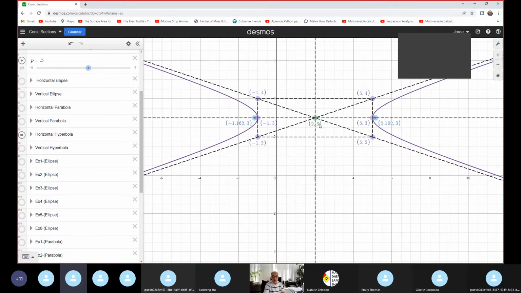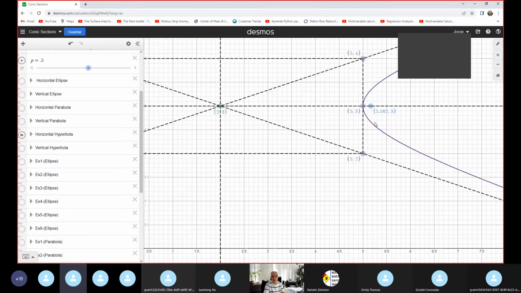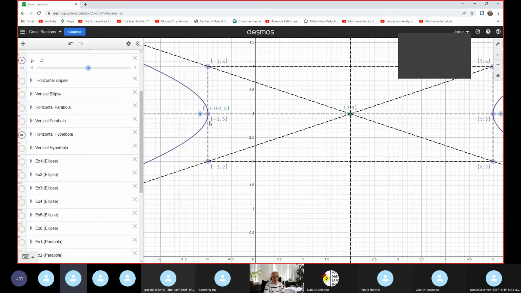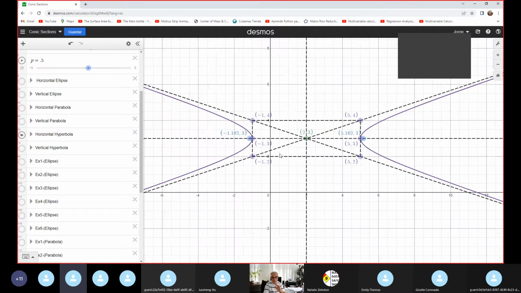We have center (2,3), vertices (5,3) and (-1,3). The foci, in blue color, are very close to the vertices: 5 point something and negative 1 point something. And you have a detailed sketch. It's enough detail.